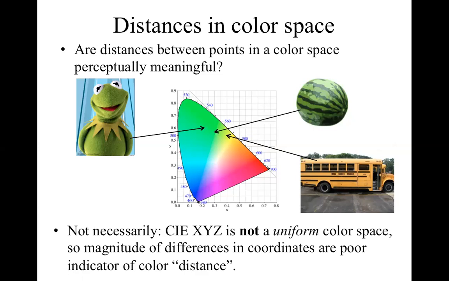So actually, this is because XYZ is not a uniform color space, and so the magnitude of differences is a poor indicator of the color distance.